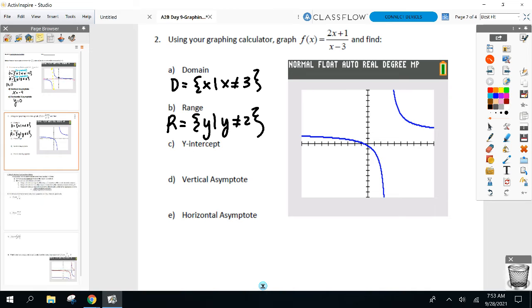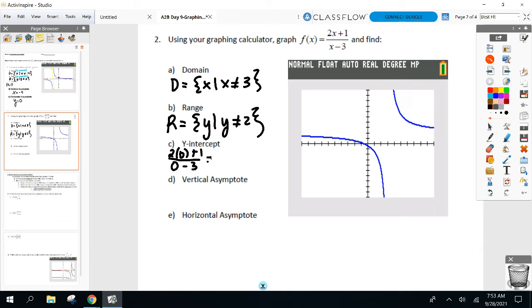The y-intercept is when x equals 0. Right? Your y-intercept is whenever x equals 0. So every time you see an x, I'm going to have you plug in 0. Ready? 2 times 0 plus 1 divided by 0 minus 3.